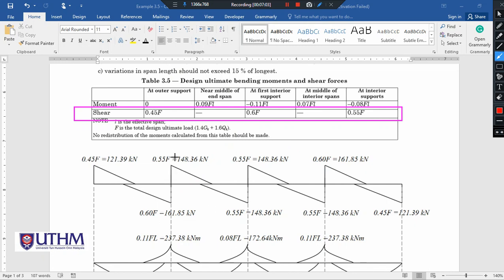And this is the at interior support. Other than at first interior support, other than this is all interior support if that point is at support. Thus, our interior support is 0.55 F is at this point.